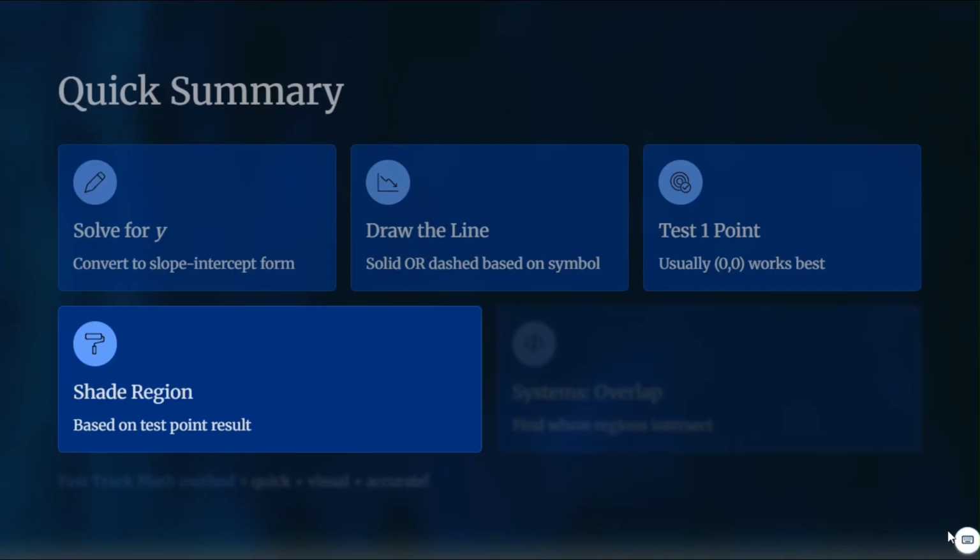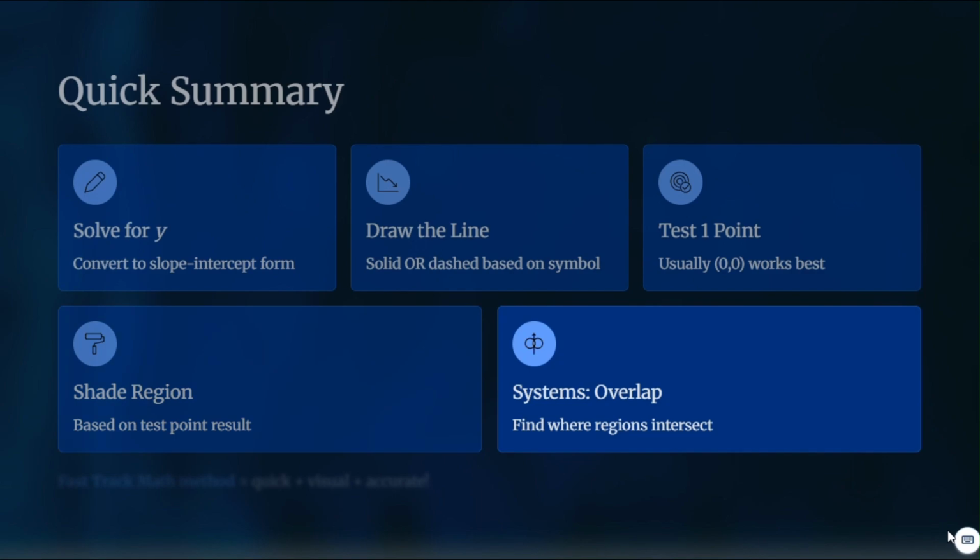If your test point makes your inequality true, shade the region that includes the test point. Otherwise, shade the other region. And if you have a system of linear inequalities, find where the regions intersect. That's your fast track math method. Quick, visual, accurate.